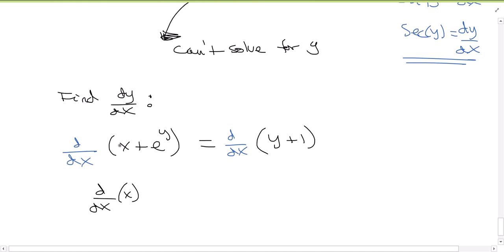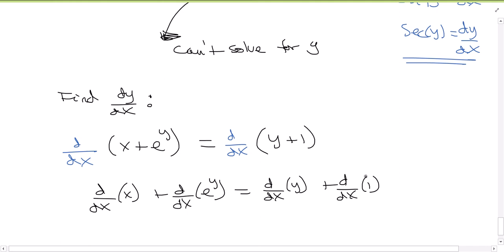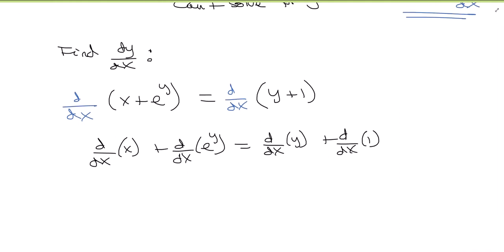The derivative of the sum is the sum of the derivatives using that property of derivatives. So the derivative with respect to x of x, that's just going to be 1, plus the derivative with respect to x of e to the y equals the derivative with respect to x of y plus the derivative with respect to x of just 1. You don't have to do this step. I'm just trying to be very intentional in what I'm taking the derivative of with respect to what variable.